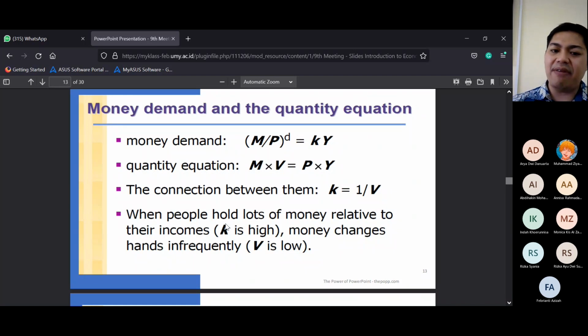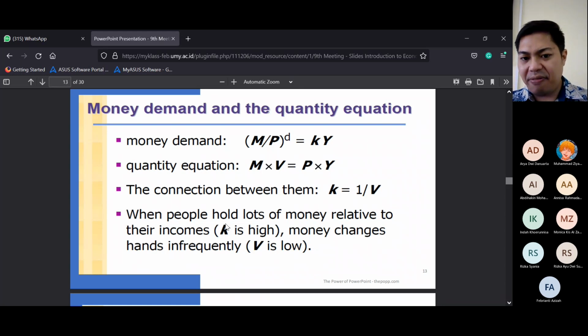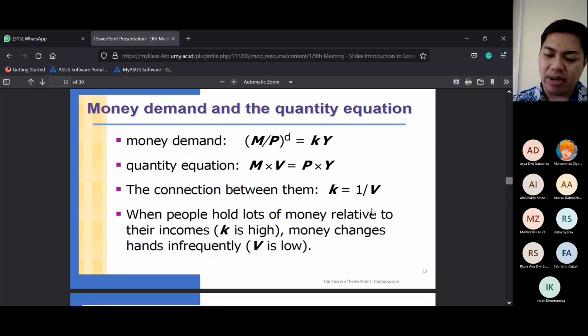It means that if you have a lot of money, but the money is not being used to purchase goods and services, just saved in the banks or in the wallet, then the money changes hands infrequently, or velocity is low, and the other way around.